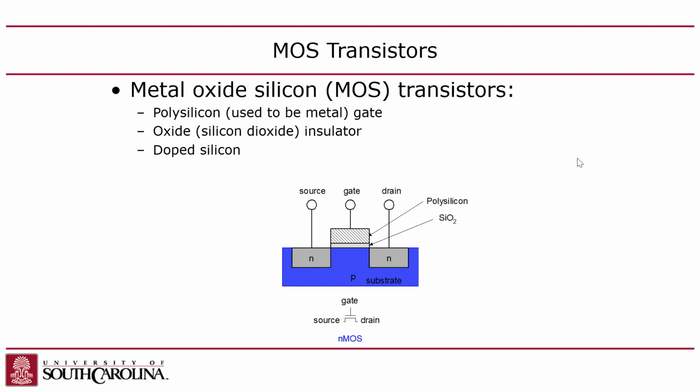The substrate has to be at the lowest voltage possible because you want to make sure that the substrate voltage never rises above the voltage on the diffusion area, or boom, you get latch up. The chip basically blows up, right? But as long as the substrate is grounded, you have a reverse bias here, right?